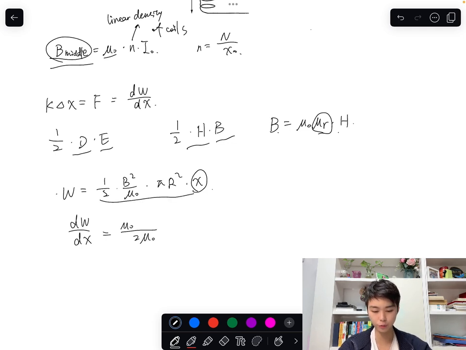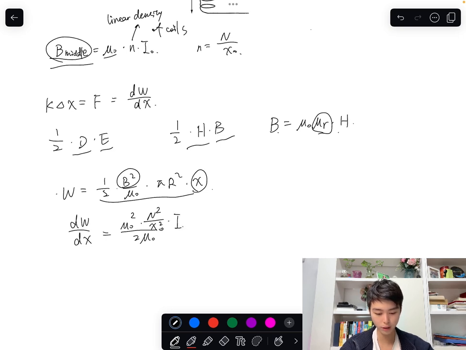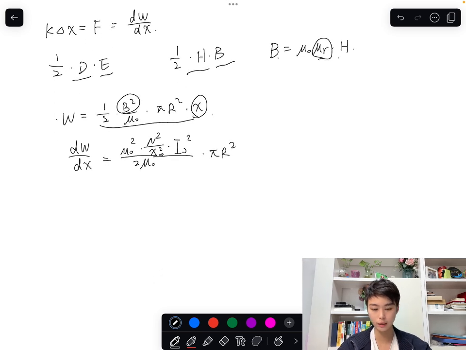We use B squared equals mu 0 squared times n squared over x0 squared times I0 squared times pi r squared, and the overall is over 2 mu 0 x0 squared.